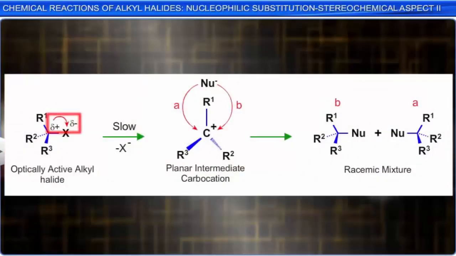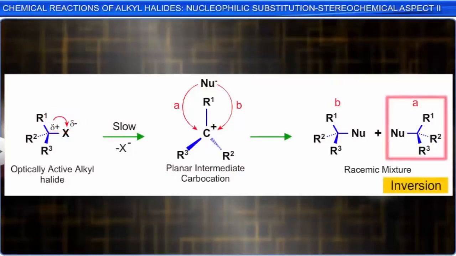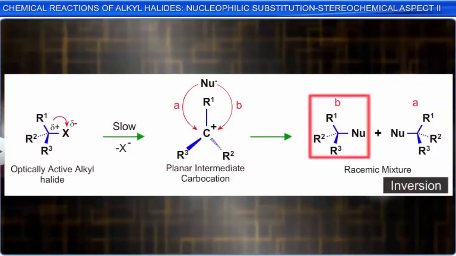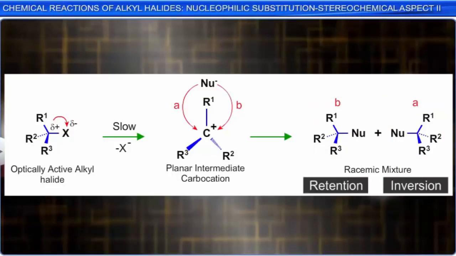In one of these products, there is inversion of configuration, while in the other, the configuration is retained. Thus, the SN1 mechanism is accompanied by racemization.